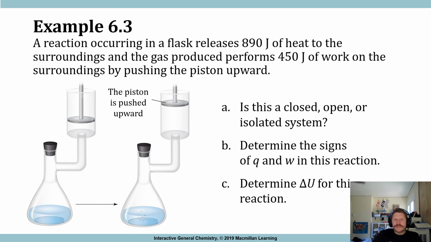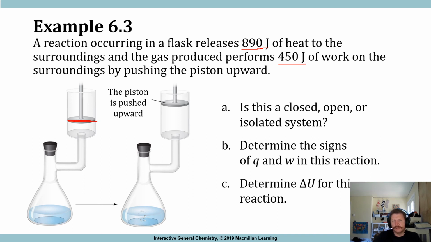Now, a good way to visualize these sorts of exercises is to look at this. What we've got here is a reaction occurring in a flask that releases 890 joules of heat to the surroundings, and the gas produced performs 450 joules of work on the surroundings by pushing a piston upward. So here's our piston.